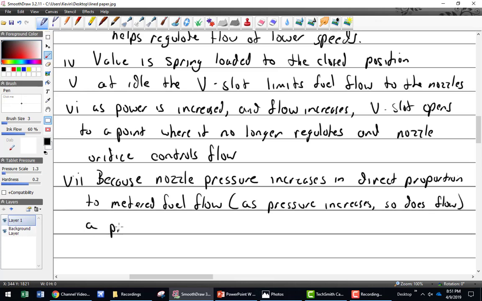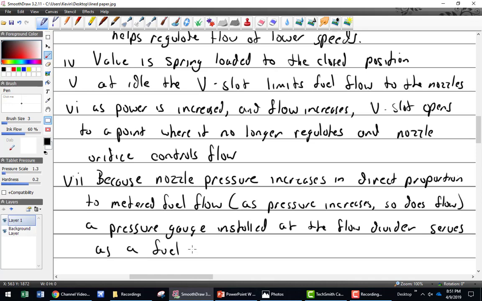A pressure gauge installed at the flow divider serves as a fuel flow gauge.